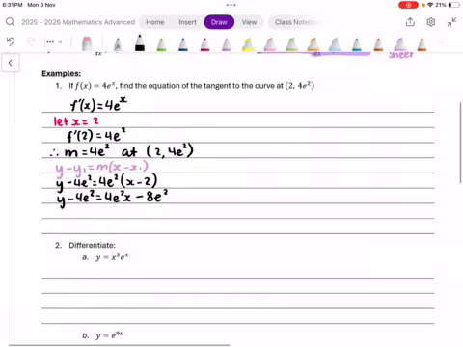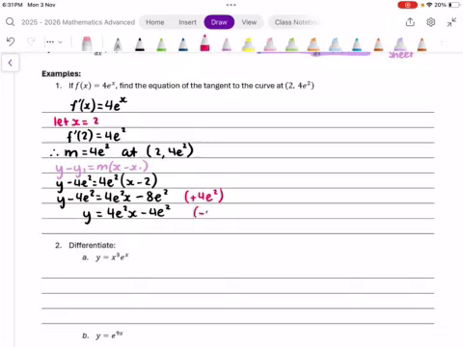From here, we can either make y the subject or we can put it in general form. So if we were to make y the subject, we would plus 4e squared to both sides. This leaves us with y equals 4e squared x minus 4e squared. And if we were to put it into general form, we would minus the y across, because general form is when we have ax plus by plus c equals 0, where our a is greater than 0.